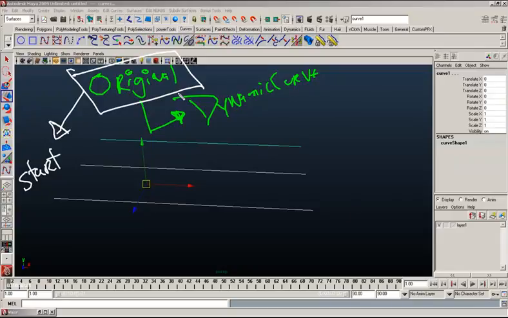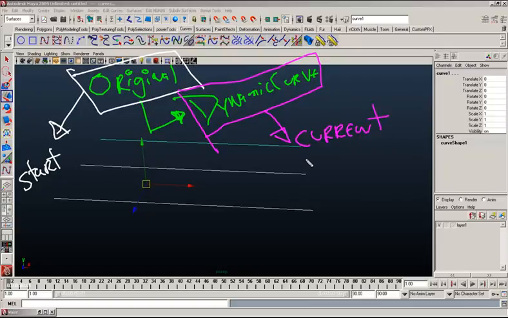I'll make this magenta. And this dynamic curve is usually called current. So you got these two: the original, which is called start, and the dynamic, which is called current. So if anybody's talking about a start curve, they're talking about the original. If anybody's talking about a current curve, they're talking about the dynamic.